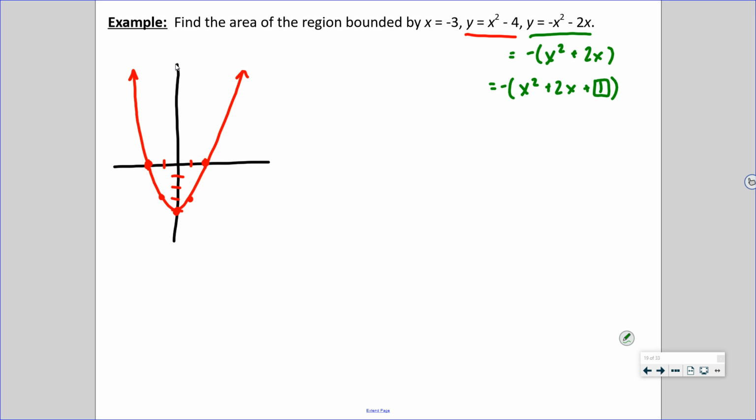Uh-oh, I think I did this wrong. We would counter that, so we really subtracted a 1 by adding a 1 out here. So then this factors into x plus 1 squared plus 1. And that gives you an idea that the vertex here would be at -1, 1, and I know it's a sad face parabola.